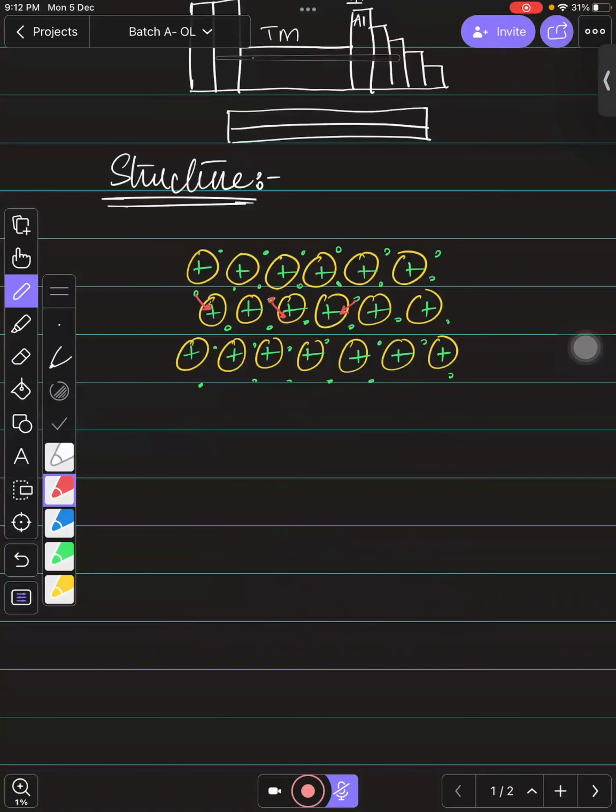You need to say that it is actually electrostatic force of attraction. Remember, whenever there is a force of attraction between oppositely charged particles, it is known as electrostatic force of attraction. So you can call this attraction electrostatic force of attraction.